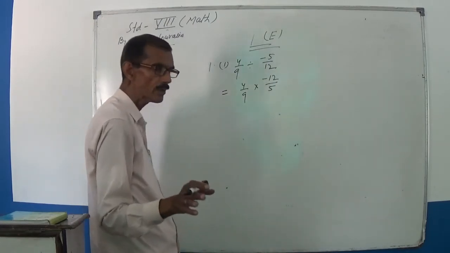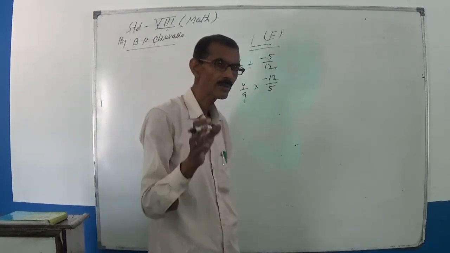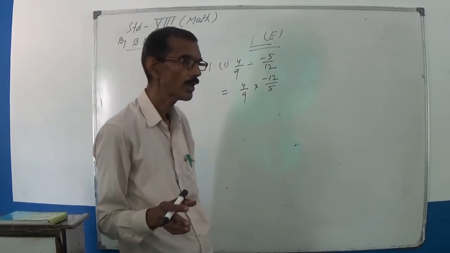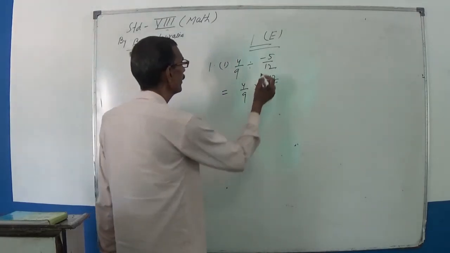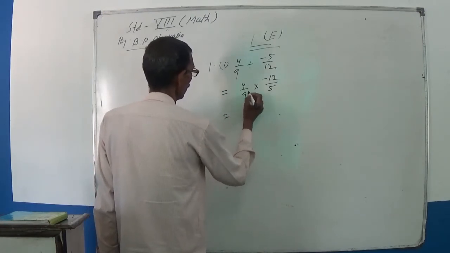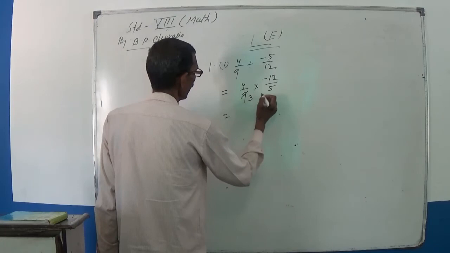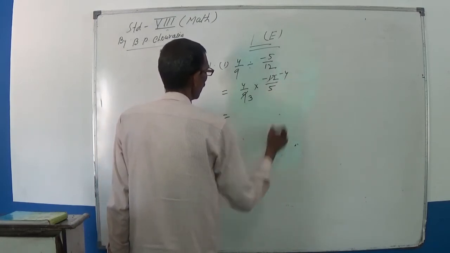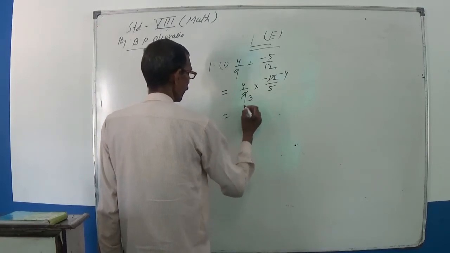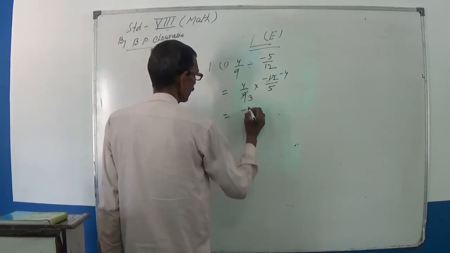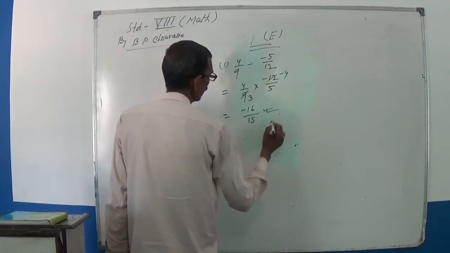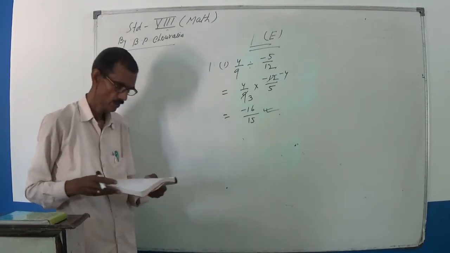It does not matter whether the denominator or the numerator is negative. You can write this in this way: 3 3s are 9, 4 minus 4 3s are 12, 4 4s are minus 16 by 15. This is the required number.